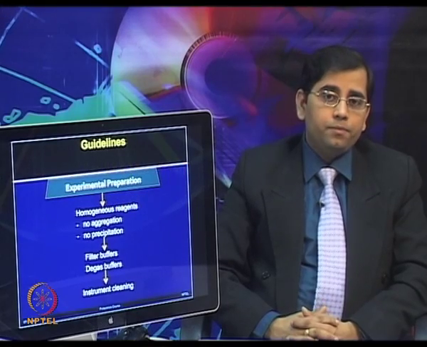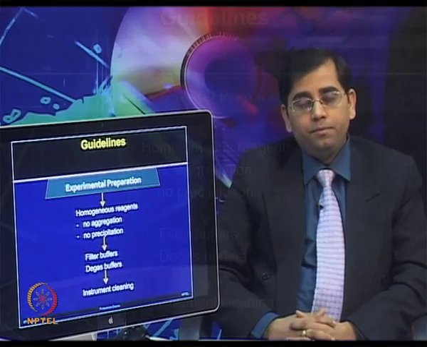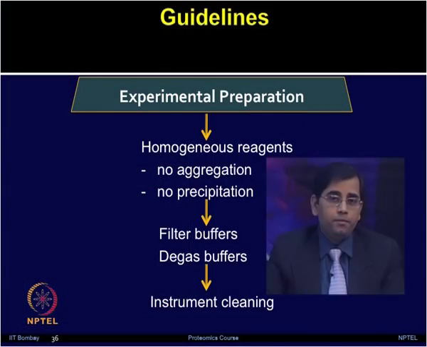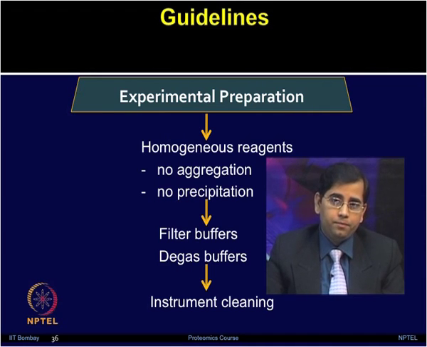So, first of all, experimental preparation, that is very important. If you are starting with quality reagents, that is going to ensure the success of further high quality data. So, homogeneous reagents, there has to be no aggregation, no precipitation.